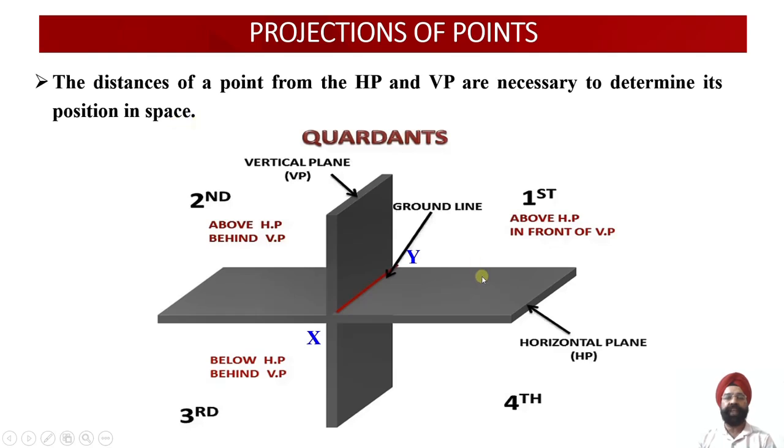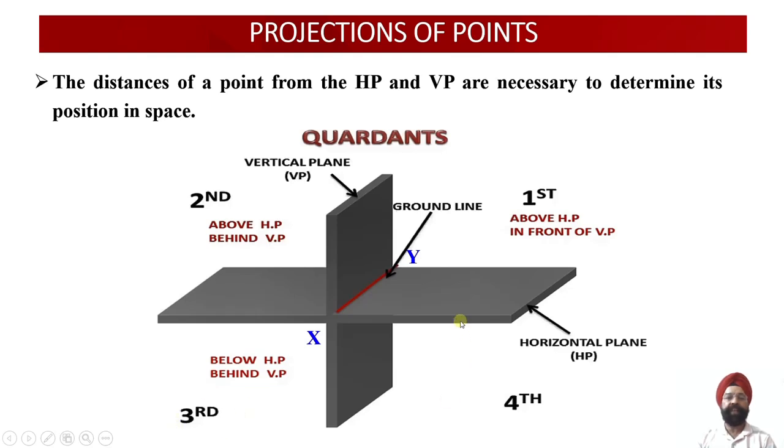We have already discussed that whenever a point lies above the horizontal plane and in front of the vertical plane, it will fall in quadrant number 1. If a point falls above HP and behind VP, it will lie in quadrant number 2. If a point lies below the horizontal plane and behind the vertical plane, it will lie in quadrant number 3.